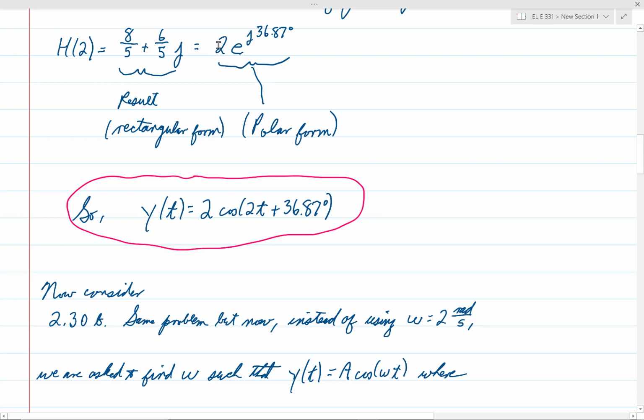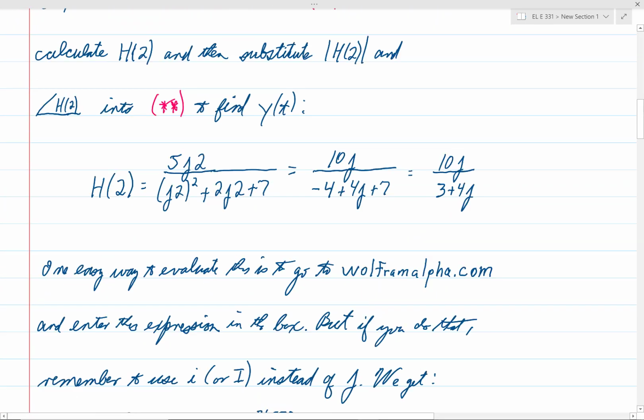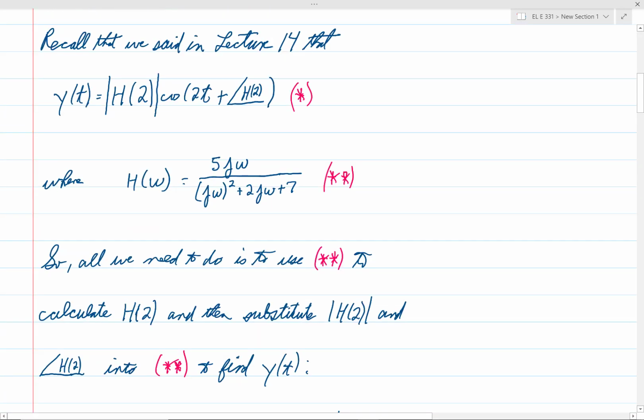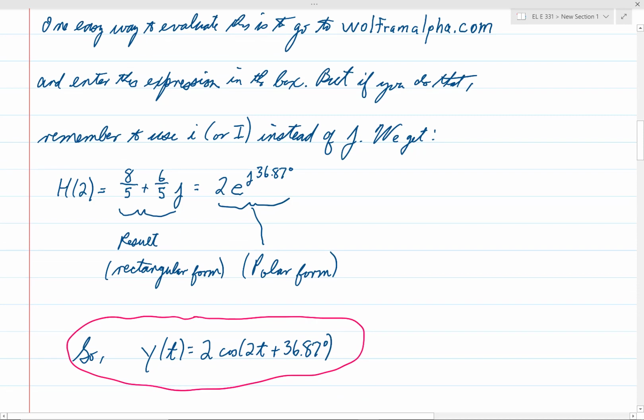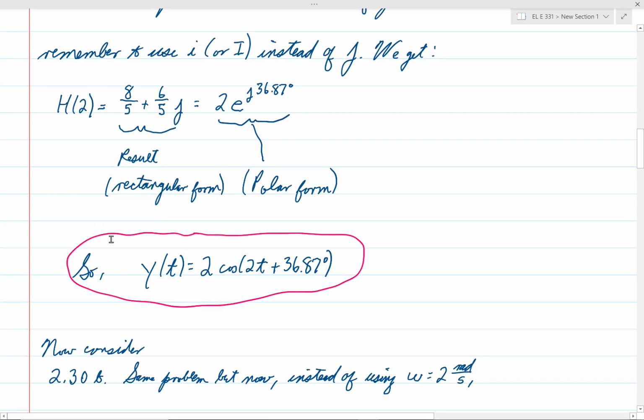2 is the magnitude, or what Wolfram Alpha called the radius, and then this is the phase. And so we now know the magnitude and phase of h, so we can plug that into this equation right here for y, and we get our final answer, 2 cosine of 2t plus 36.87 degrees.